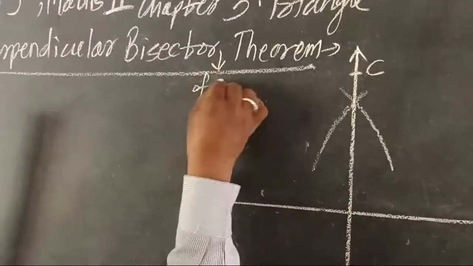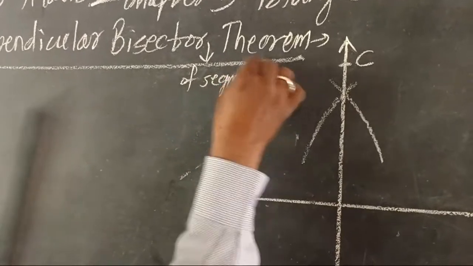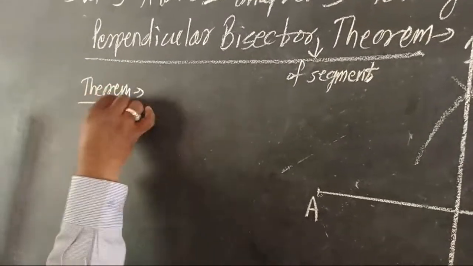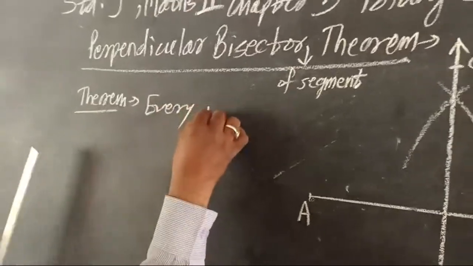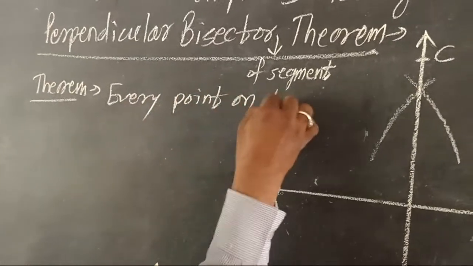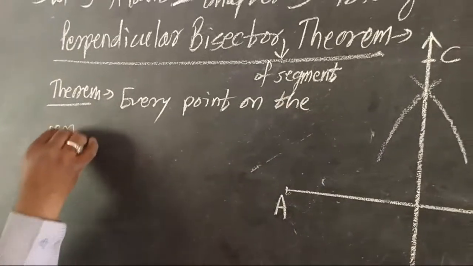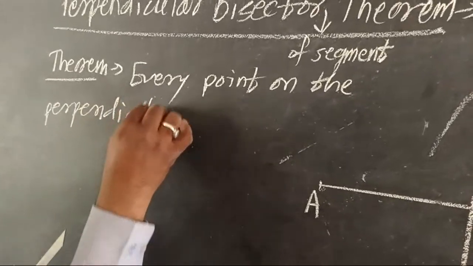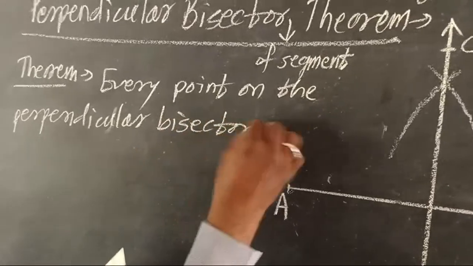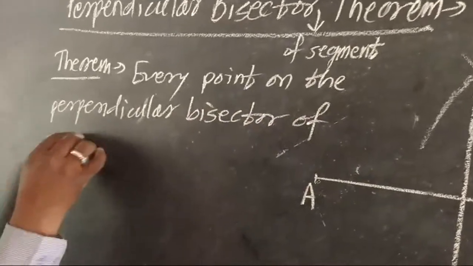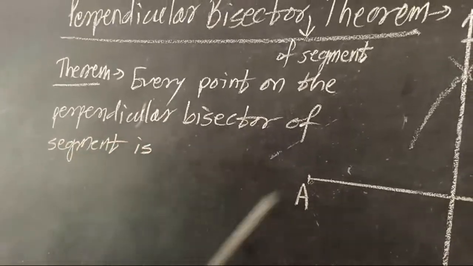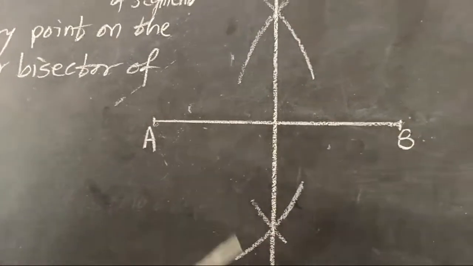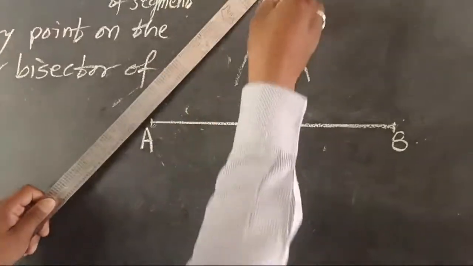The theorem is: every point on the perpendicular bisector of a segment is equidistant.